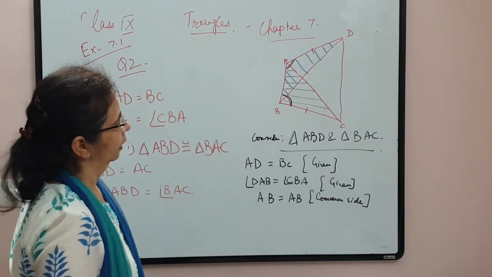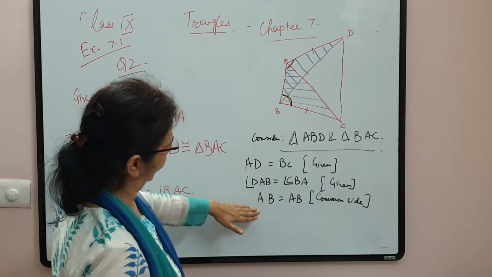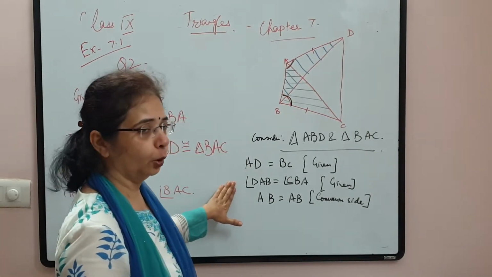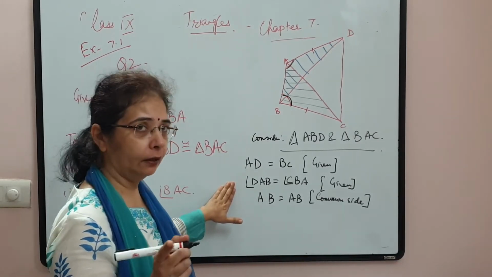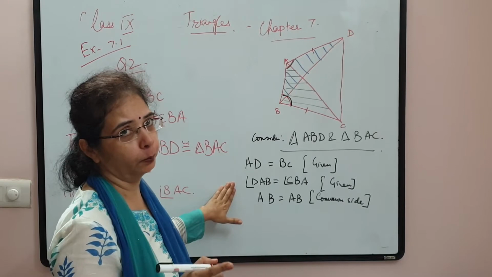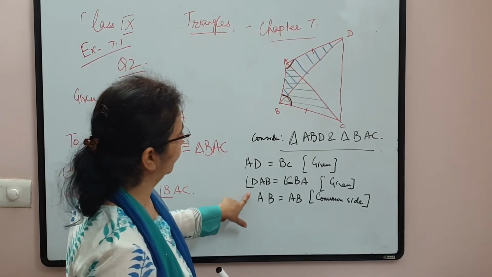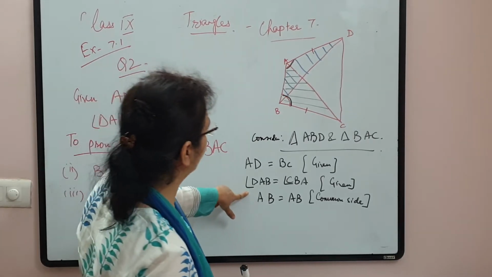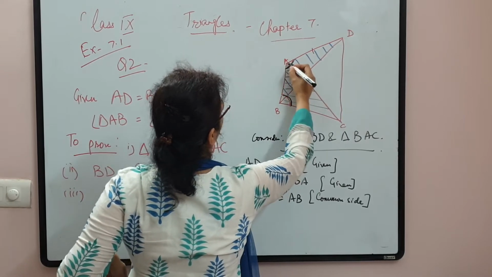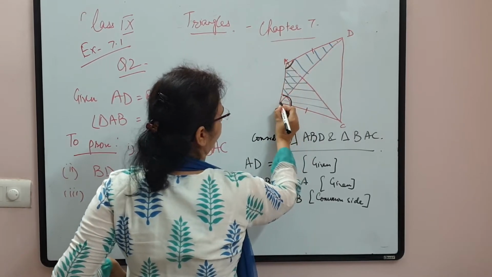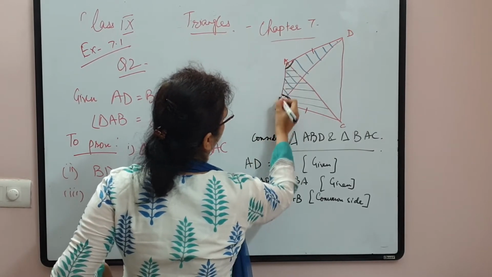This side belongs to both the triangles which are under consideration. Now, what you see is one side, another side and an angle. So you know that we have to apply what? Side, angle, side. But the condition is that the angle should be the intervening angle between the two sides. Let us check if this angle is the included angle. This angle is included between AD and AB, the sides under consideration. This angle is included between AB and BC.